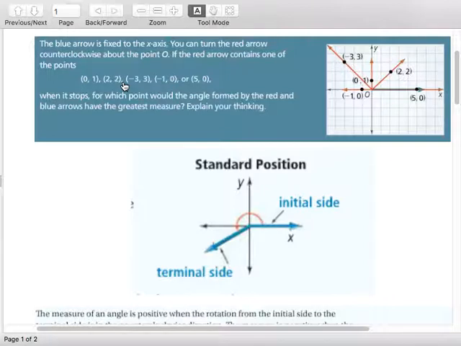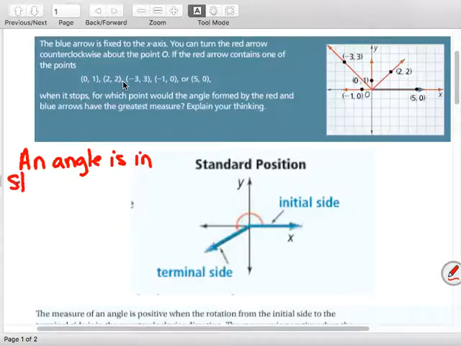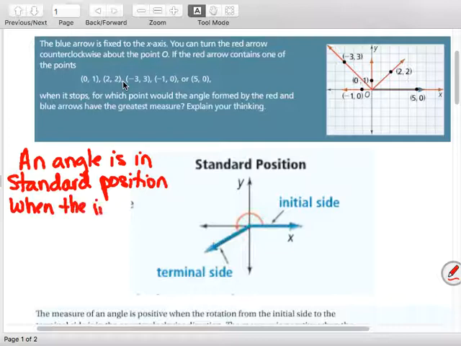So I'm going to have you write down a definition for me. An angle is in standard position when the initial side is the positive x-axis.